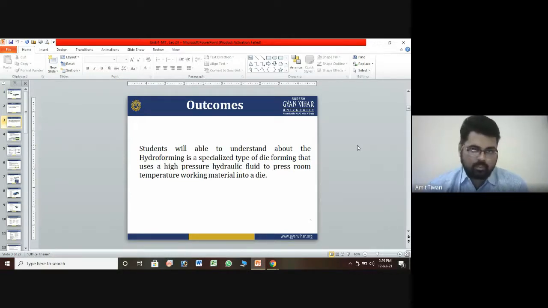Some multiple choice questions will also be asked regarding hydroforming, which will be beneficial for you to study for competitive examinations, the CAT examination, or any other examination related to technical skills. So let's start the session.